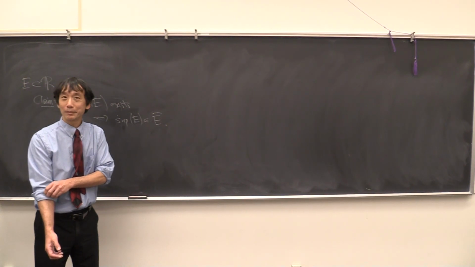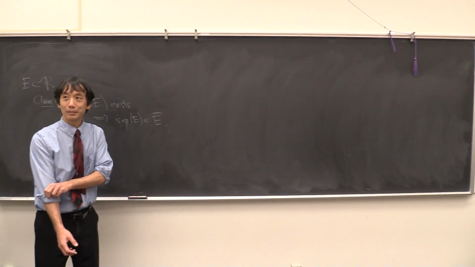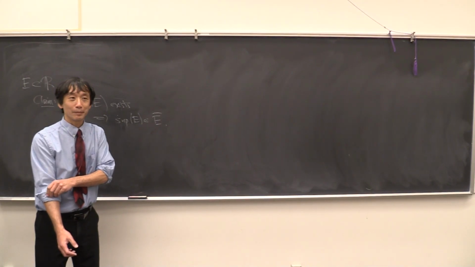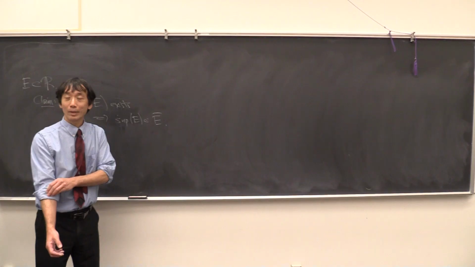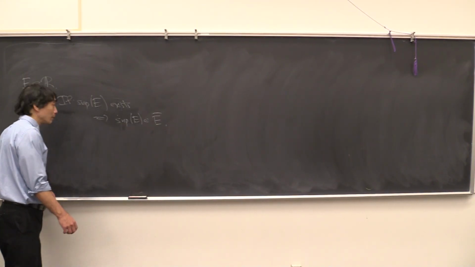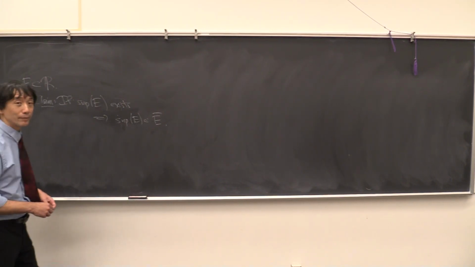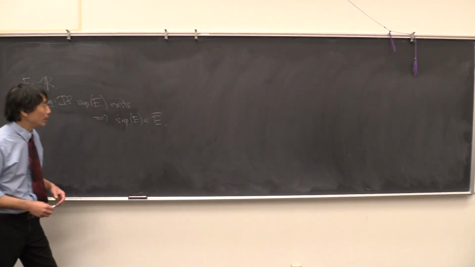Then it has to be E bar. I feel like that naturally makes sense. That's one thing about the reals, it just makes sense. So why does it make sense?